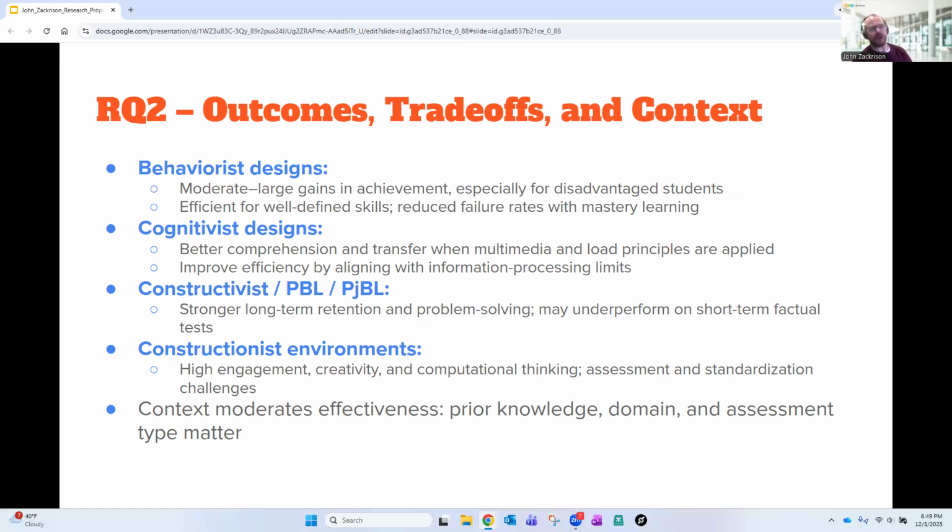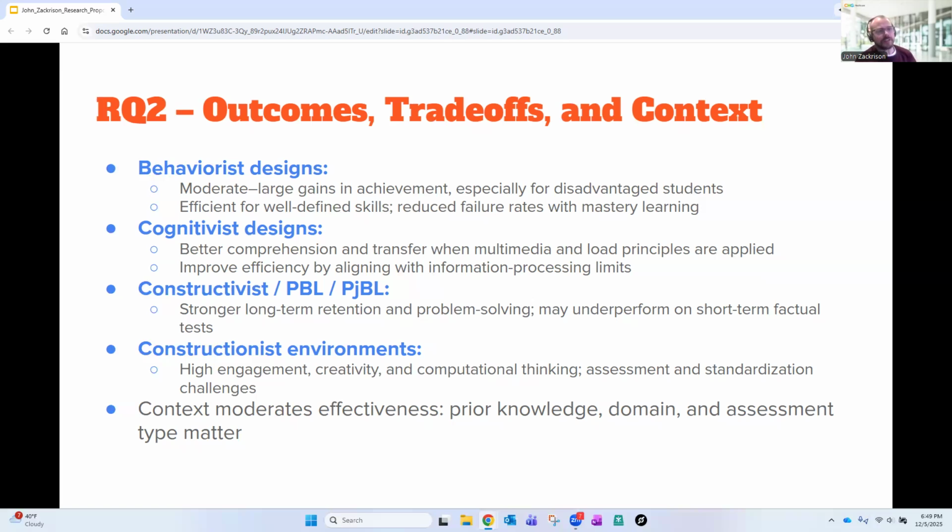In constructivist problem-based and project-based learning, findings are a little more nuanced. These designs often yield equal or better long-term retention and problem-solving performance compared to traditional instruction. But on the other hand, they can underperform on short-term tasks or tests, especially when problems are very open-ended or learners have limited prior knowledge.